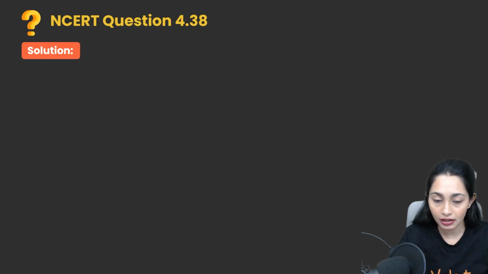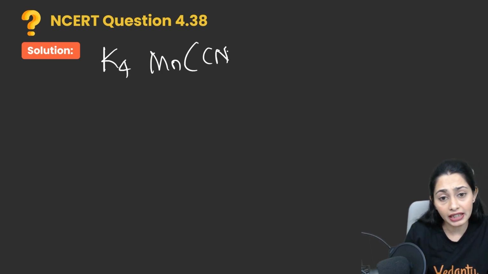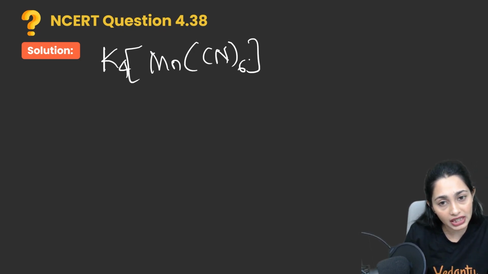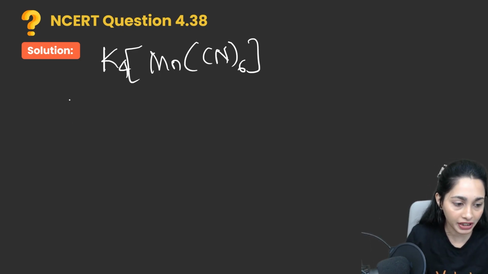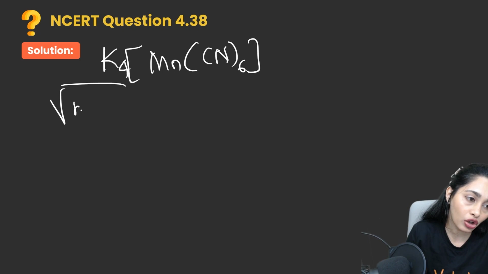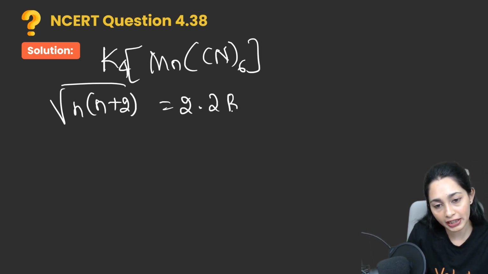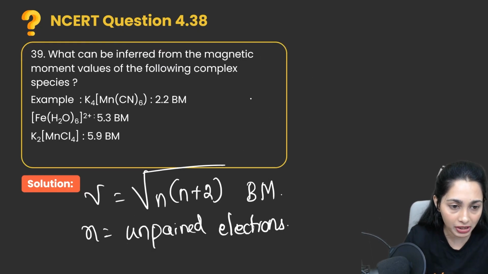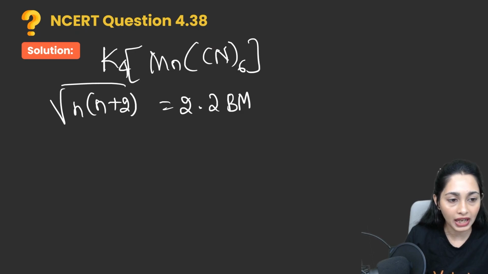If we see the complexes, this is the first complex that they have given. Here cyanide is a ligand. We know that cyanide is a strong field ligand, but let's infer and give explanation to this. Root of n into n plus 2 is equal to 2.2 Bohr magneton, as they have already mentioned. Which value is it approximately equal to?